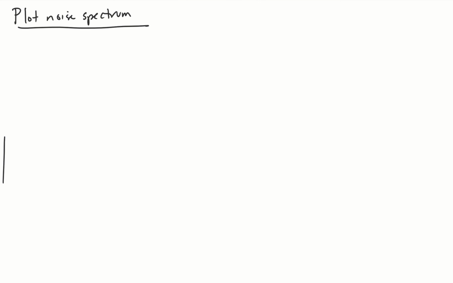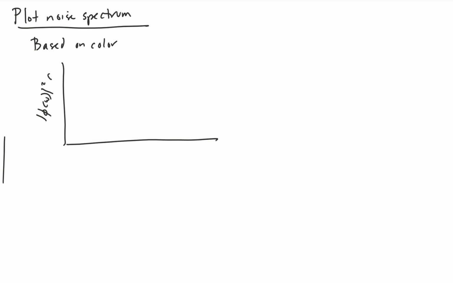First, based on color, let's make our axes here. We're going to list the power spectrum on the y-axis in terms of decibels, so that would be a log scale. And then on our x-axis, we're going to have a log scale of our frequency in terms of hertz.